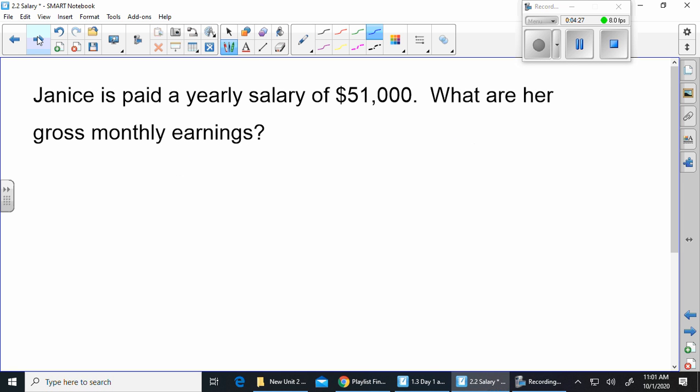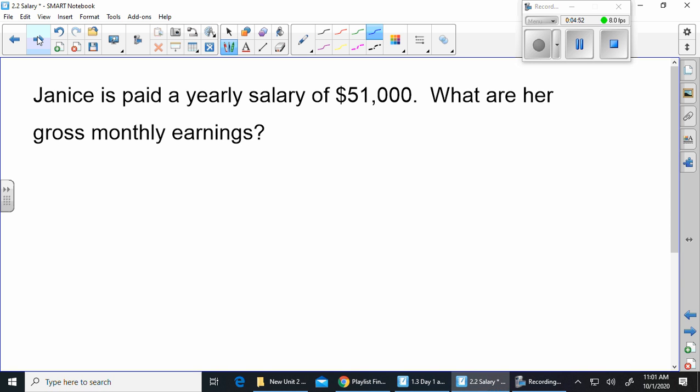So now if I say go backwards, well, I tell you Janice is paid $51,000 a year. What are her gross monthly earnings? Remember, this word gross means we're not taking away any taxes, because she doesn't really get this as her full check because taxes get taken out.